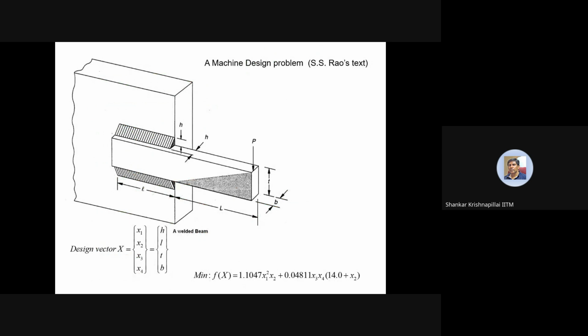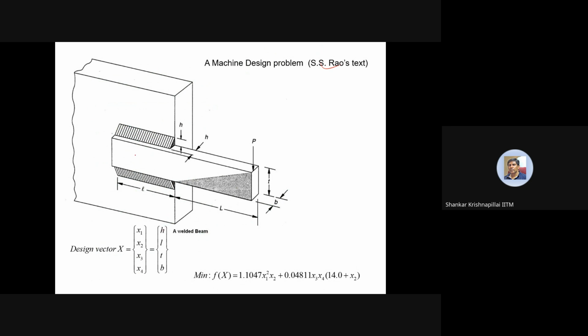theoretical example. Next we look at a machine design problem from S.S. Rao's text. This optimization example with the MATLAB toolbox was done by S.S. Rao himself when he visited IIT Madras, and I got a copy of the solution.